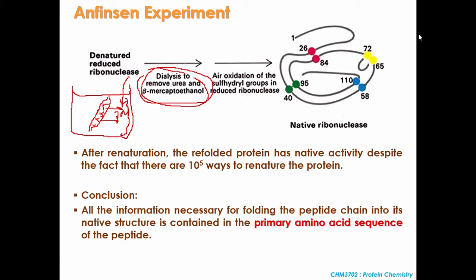And then you have to replace the water with fresh water, and then you continue dialysis, and then it will reduce until 0.5. Then you replace again with new water, until you reach almost 0 molar of urea. So that's dialysis.